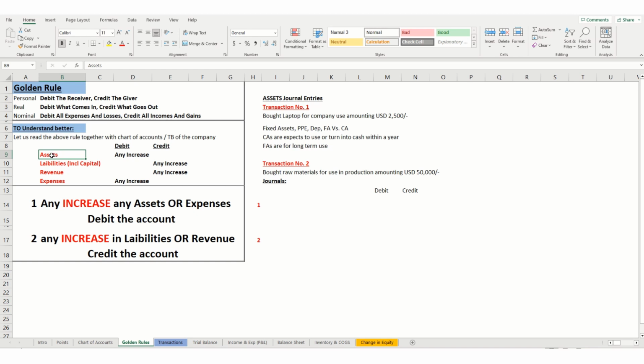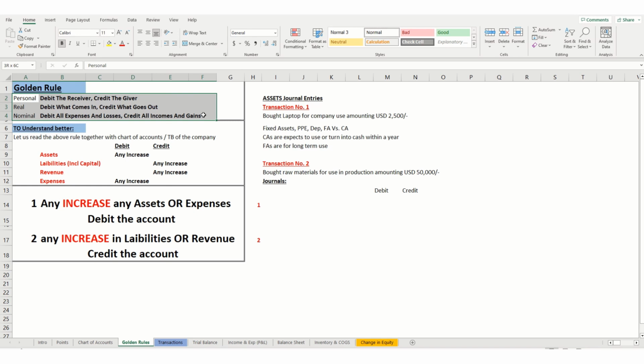So today we are going to discuss assets: what are assets and how we are going to create journal entries for assets. We have already discussed the golden rule of accounting.